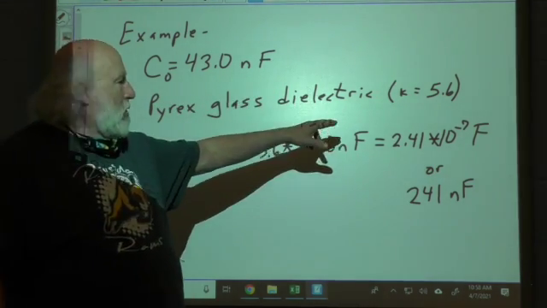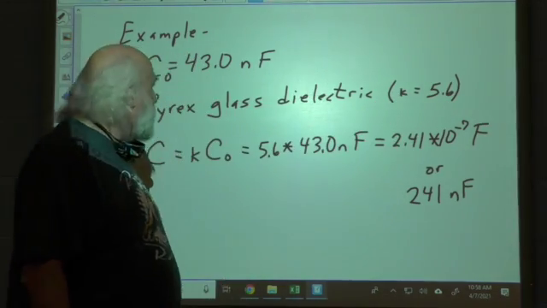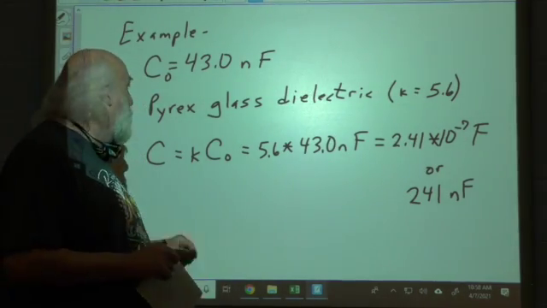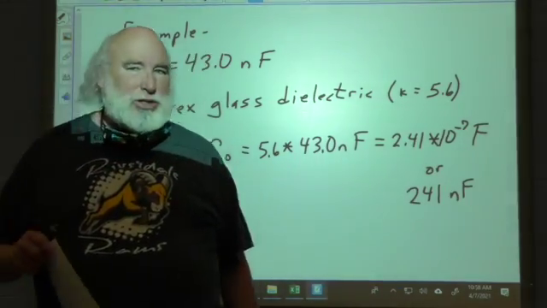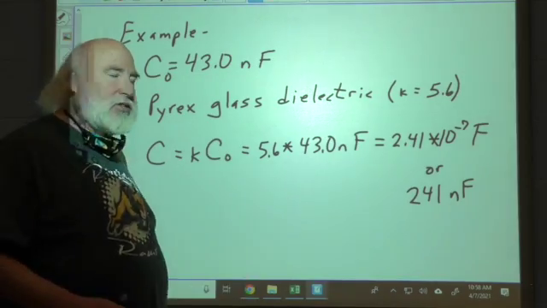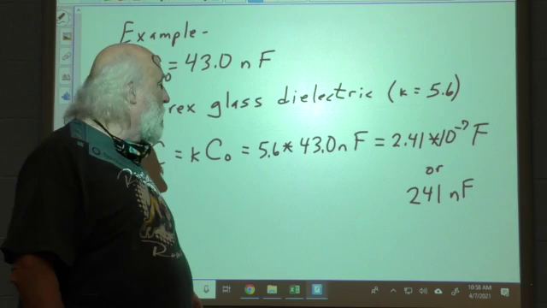And this little k, and I mean miniature k, is the dielectric constant that you will find on page 579. For Pyrex glass it is 5.6. There is no label, it's just a multiplication factor. How many times more capacitance you can have? 5.6 times more with the Pyrex glass.